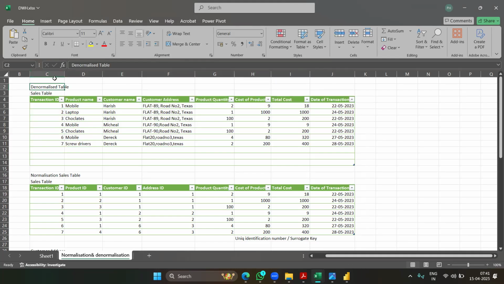So what does it mean by denormalized form? Now, if you see, whenever the transaction information is captured, I am storing detailed information like product name, customer address, right? And in detail.